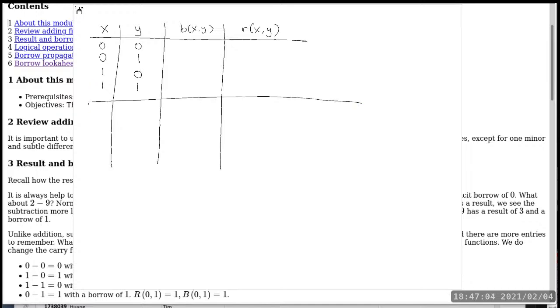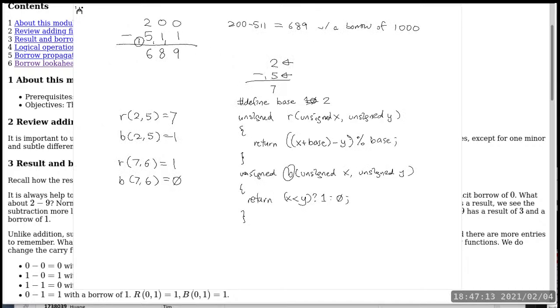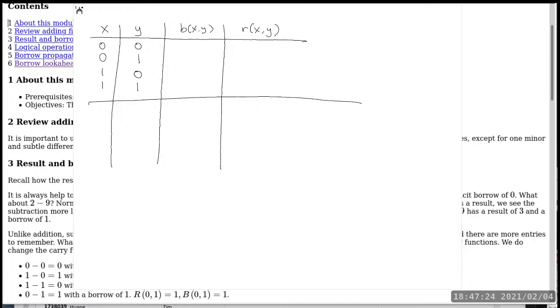Now we try to work out the b function. You can plug all of these things into the function that we had on the previous slides. In other words, if you want to, you can implement this logic in C, plug in the values and see for yourself. But I'll just tell you, 0 minus 0 does not have a borrow of 1. 0 minus 1 has a borrow of 1. 1 minus 0 does not have any borrow. 1 minus 1 does not need any borrow.